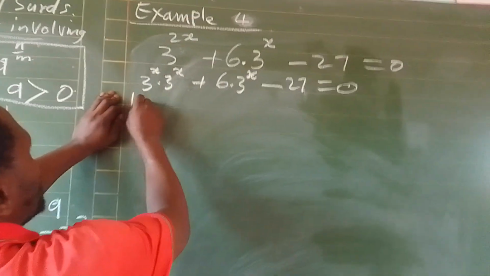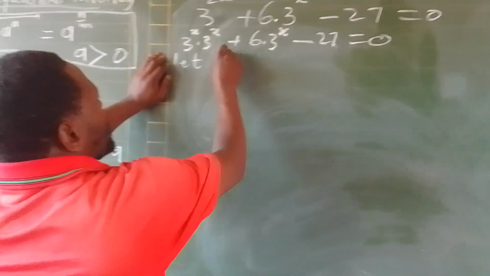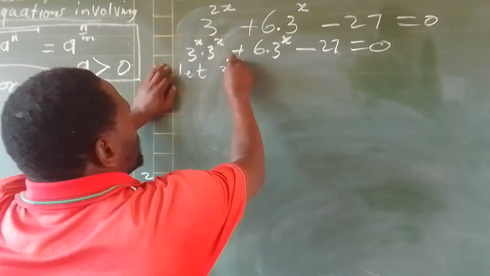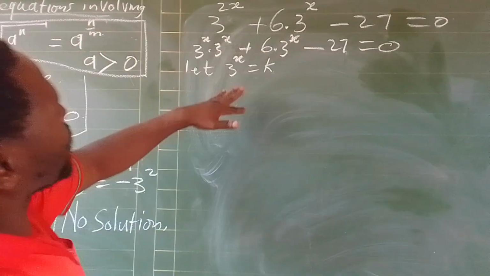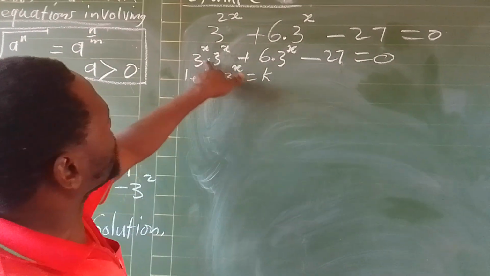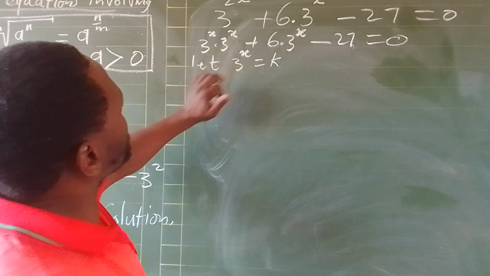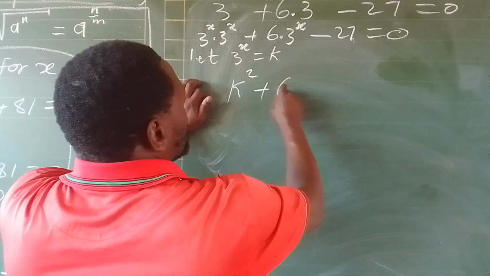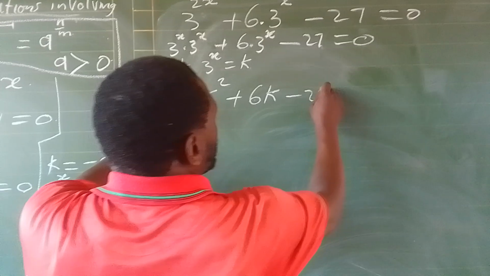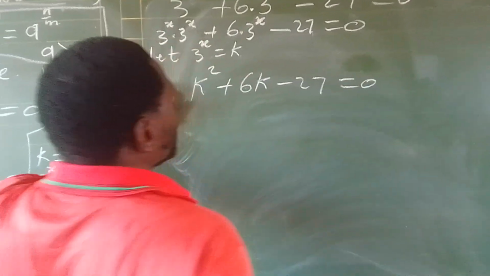Then you can say let 3 to the power x be equal to k. This is for the K method. Now when you see 3 to the power x, you put a k. This is k, this is k. It's going to be k squared plus 6k minus 27 is equal to 0.